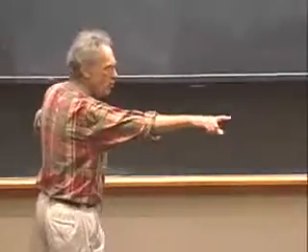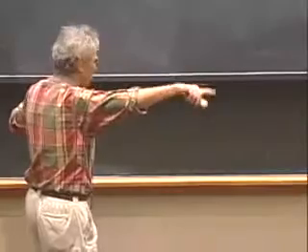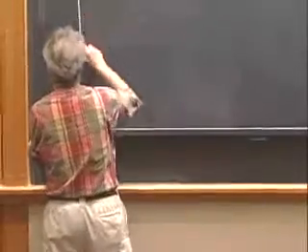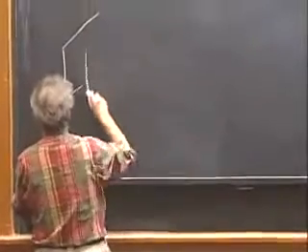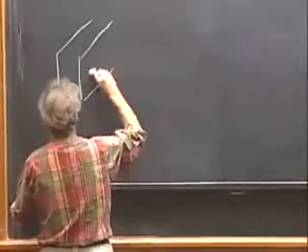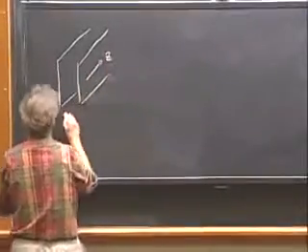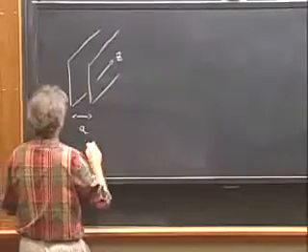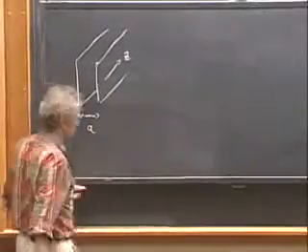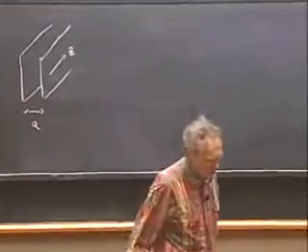We have there 2 aluminum metal plates that you see there. Here is one, and here is the other. Let's call this the direction of z, and let's say they are a separation a apart. So that's the separation between them.